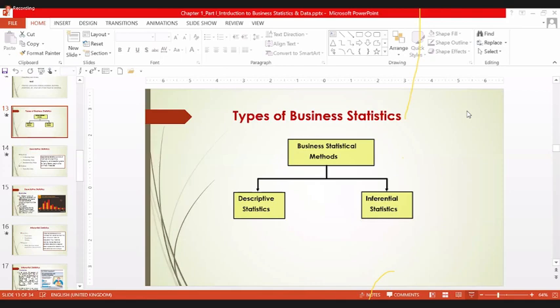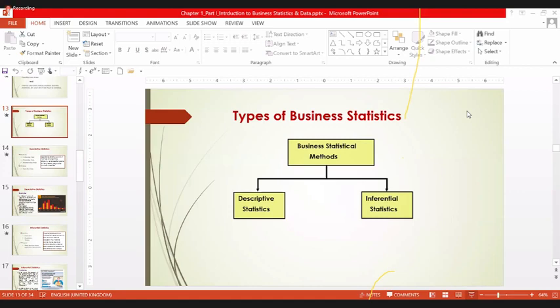And whatever results we obtain through this estimation or hypothesis testing, we will use those results to make the decision. So the main purpose of inferential statistics is making decisions about the population characteristics using the sample results.